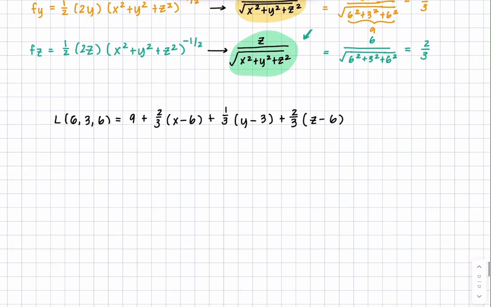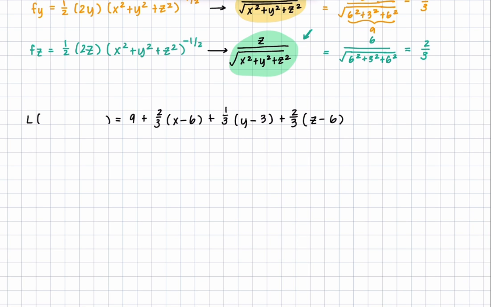Now moving on, I'm going to delete this part and write what I have above. The reason we're doing that is because we're trying to find an estimate. And also, if we plug in 6 here, 3 here, and 6 here, all we're going to get is 9, because the zeros are going to multiply out, and we're left with our constant 9.